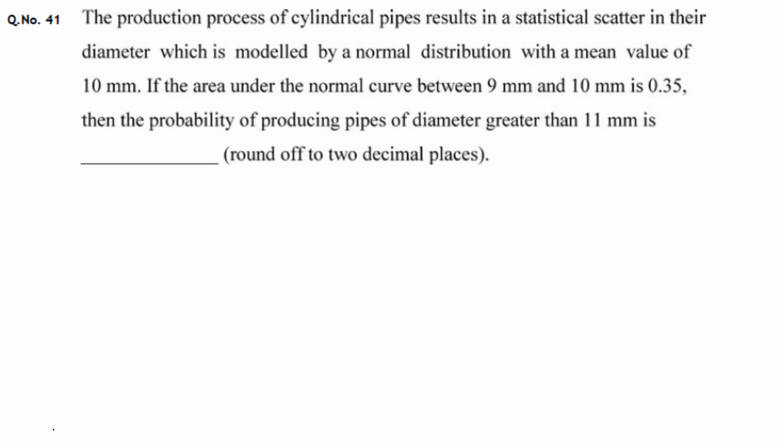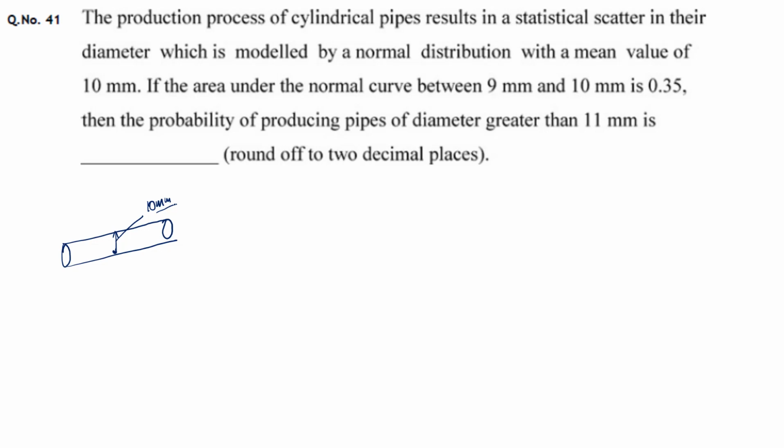Now here see the production of cylindrical pipes with a mean diameter, like we are producing a pipe that should have a diameter of suppose 10 mm, right? And we know in industries, whenever we produce things, the two things do not match each other, so there will be some difference.